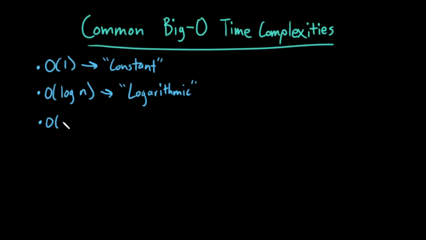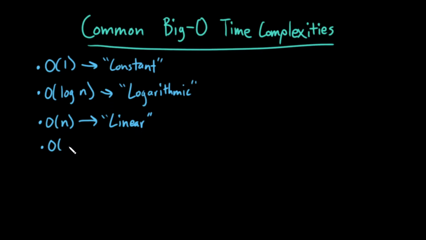We also have big O of n, which is called linear time. So your algorithm scales linearly with respect to the input size. If I double my input size, I would double roughly the number of operations I perform. So twice as big means roughly twice as slow.